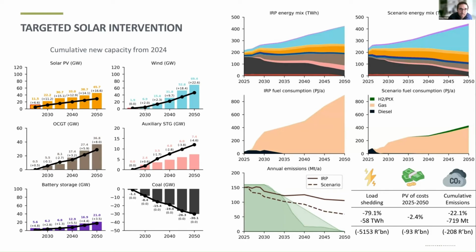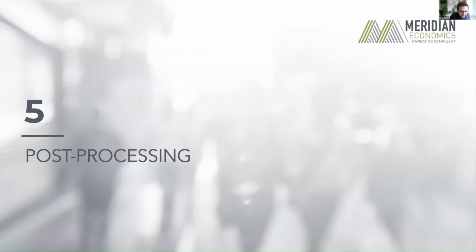Okay. In terms of some post-processing and how we've now run our model, we've got our network file and it's solved. And now we just want to get some nice looking figures.